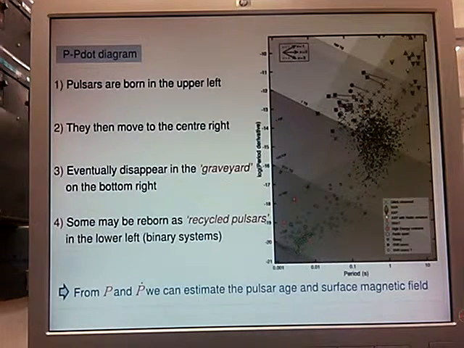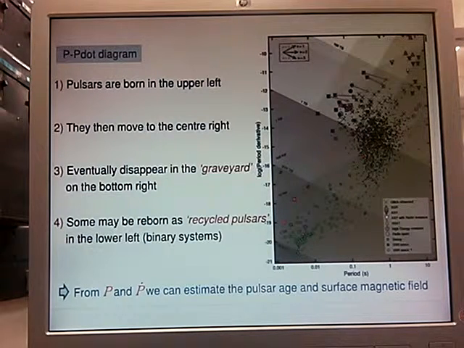So you start off with a comparatively large P dot, and as you slow down, that dragging effect also decreases, so you move off slowly along an evolutionary track, moving down and to the right.